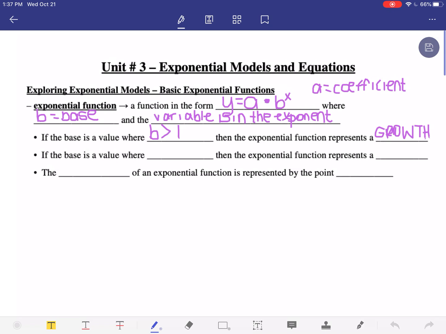If b is a fraction between 0 and 1, it is called decay.